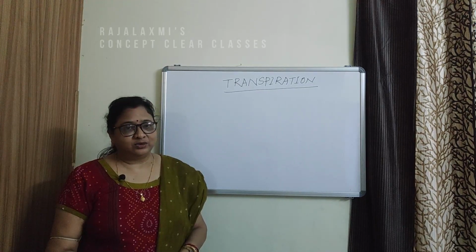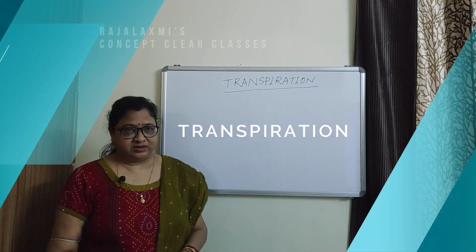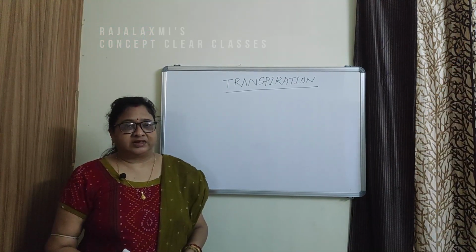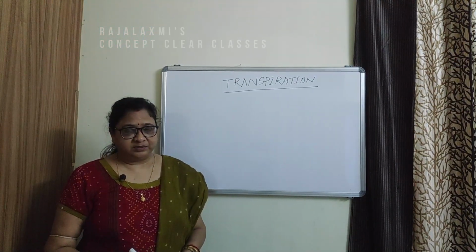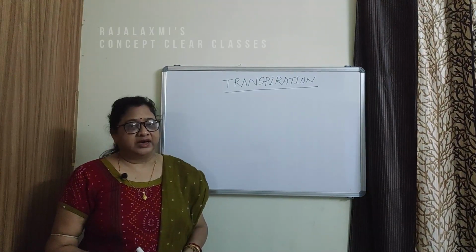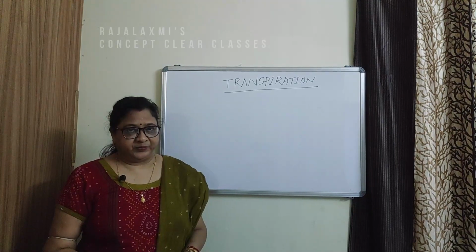Today in this video we will discuss transpiration. From the last class we learned that water is absorbed by the root system and this water is translocated to aerial parts of the plant.